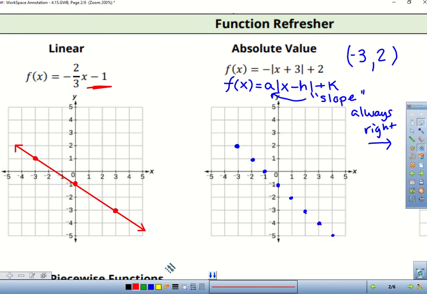And now we're going to talk about how the rest of this function is graphed, where the other half of the v is. So, absolute value functions have symmetry over the axis of symmetry. Now, how did I know the axis of symmetry was in this spot? Exactly, it has to go through the vertex. So my function has to have symmetry over this. So what other point would I graph on this side over here?